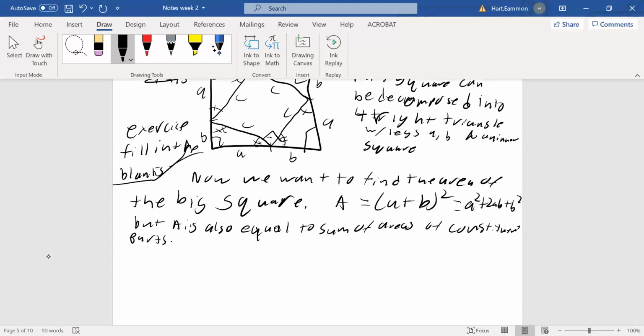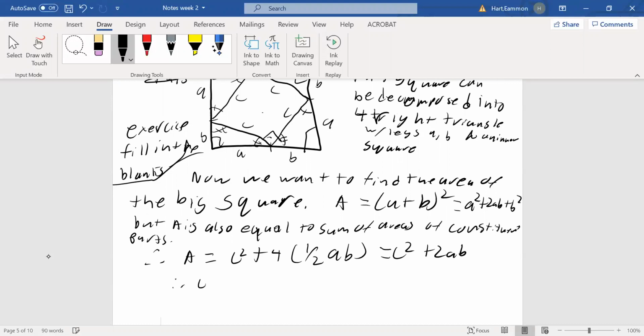Therefore, the area is going to be equal to c squared, that's the area of this inner square, plus 4 times 1/2 AB. So this is the area of the triangle, and we've got 4 of those triangles, and that's going to be equal to c squared plus 2ab.